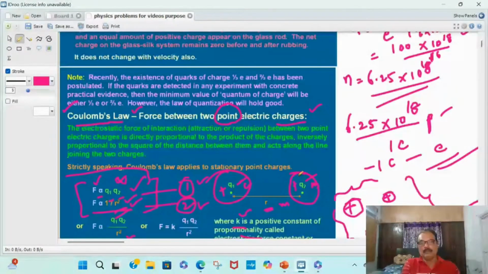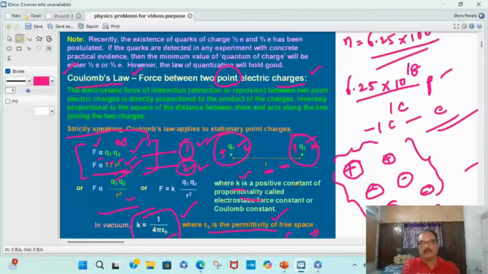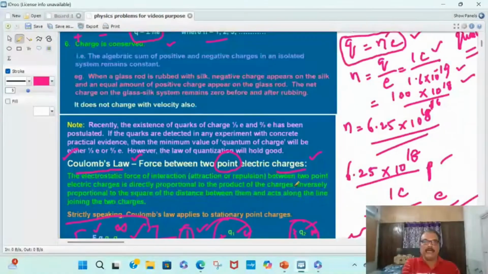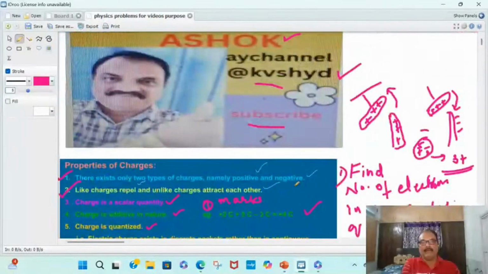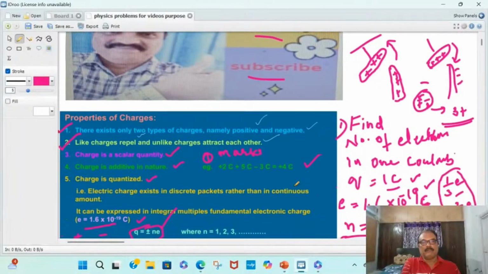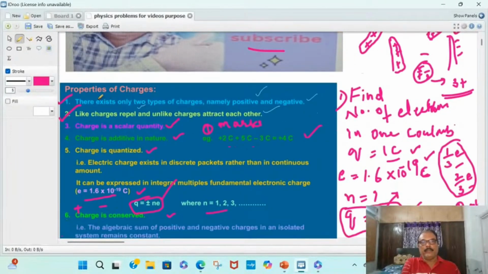Today at last, I have explained the properties based on experimental evidences. Neutral molecules always contain negative and positive charges in equal number, so it will be neutral. Once electrons are removed, it will become positive. Once electrons are added, it will become negative.